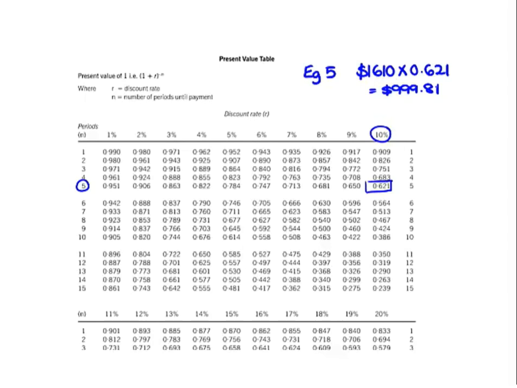So the discount factors then on this table have basically already been calculated for you. So that saves you needing to do that calculation 1 over 1 plus r to the n. So 1 over 1.1 to the power 5 is equal to 0.621.